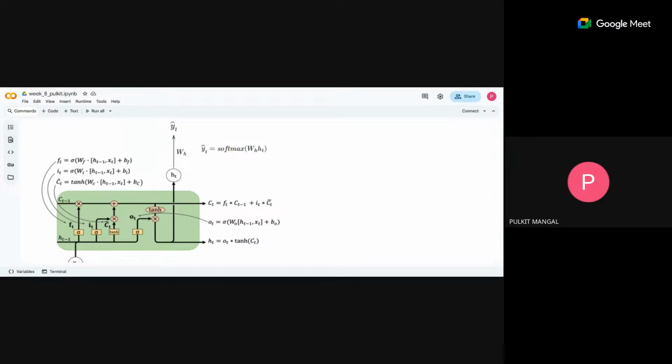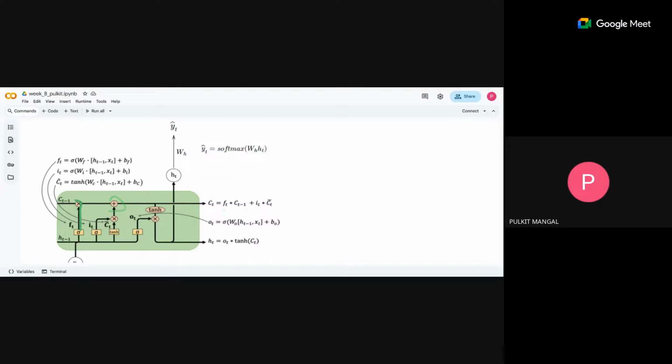Yes, Dilip. Yes, sir. Actually, in this diagram, there is some cross and there is some plus. Can you please explain why this is so? Okay, that cross is for element-wise multiplication. You see this ft is getting crossed with ct minus 1, and the plus is simply the addition.